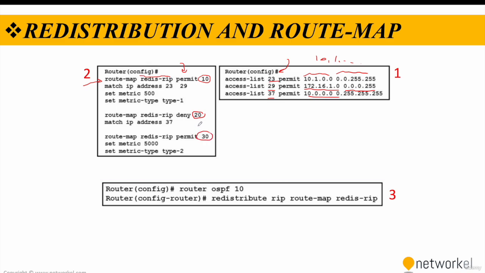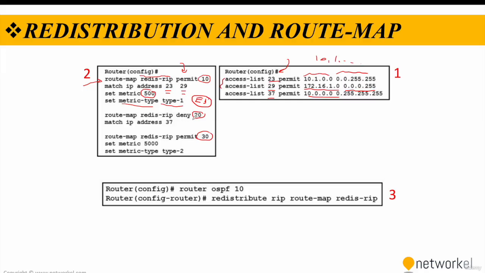With the first statement, I'm matching the IP addresses that I defined with access lists 23 and 29. And I am applying a metric value of 500 for this range, and setting the metric type to type 1, which means E1 routes.